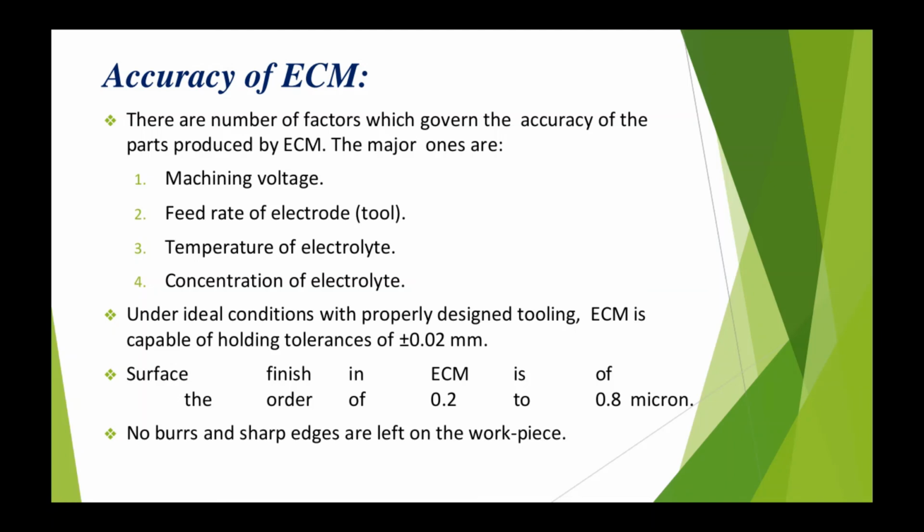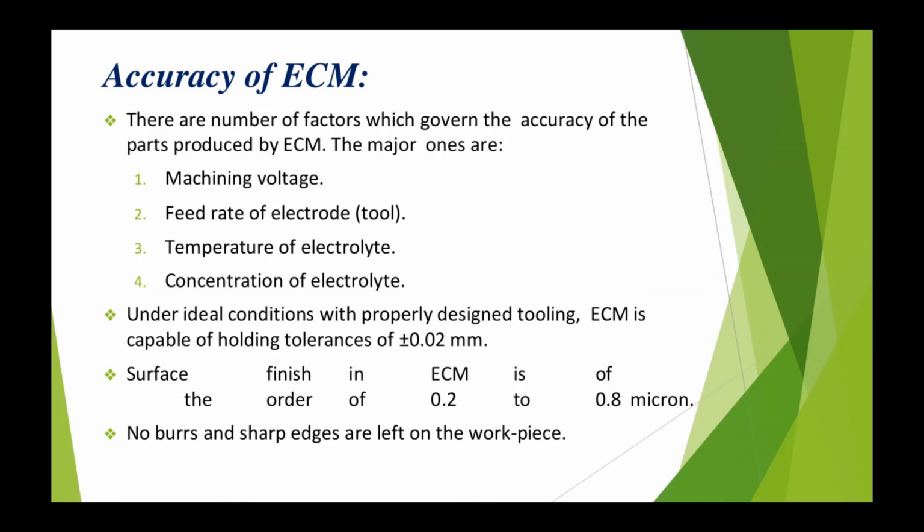Under ideal conditions with properly designed tooling, electrochemical machining is capable of holding tolerance up to plus or minus 0.02 mm. Surface finishes we can achieve are between 0.2 to 0.8 micron. No burrs and sharp edges are left on the workpiece during this machining.